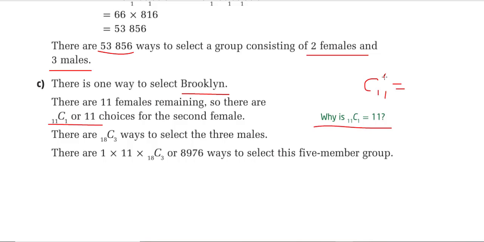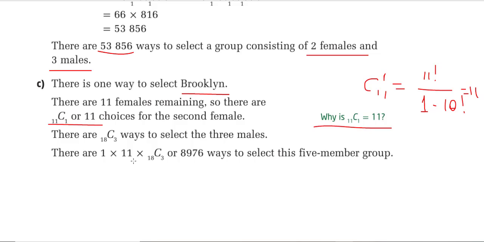So it is 11 factorial over 1 factorial times 10 factorial. So 11 factorial over 10 factorial, this is just 11. Okay, and then we need to select 3 males. So this is, we did it. It is combination 3 from 18.